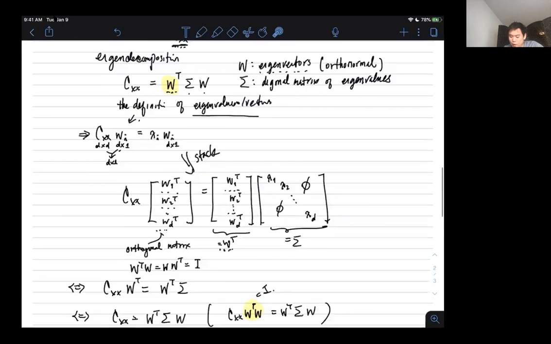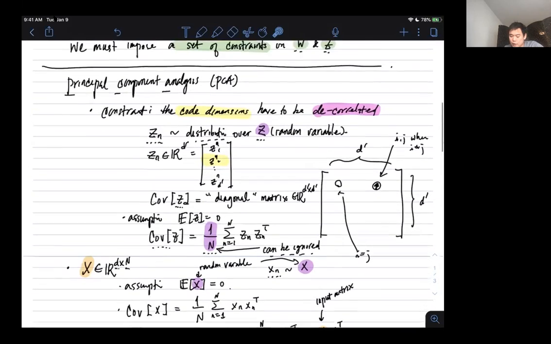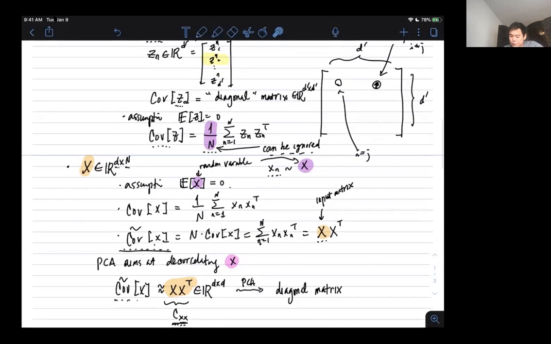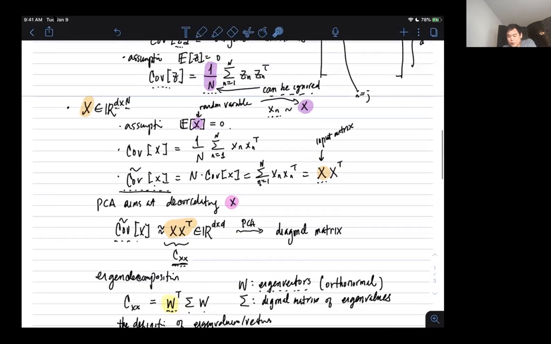So let's go back all the way up and try to see what was the goal of this PCA. The goal of this PCA was to decorrelate the input vector x. That is, we want our PCA to be able to transform or change the x, the input vectors, in a way that this scaled covariance, that is the product of the input matrix x and its transpose, becomes a diagonal matrix.